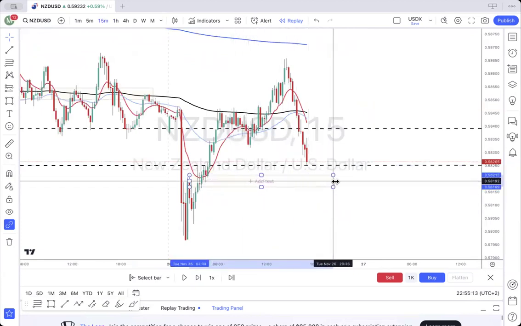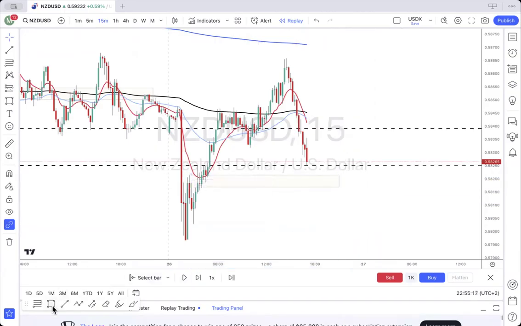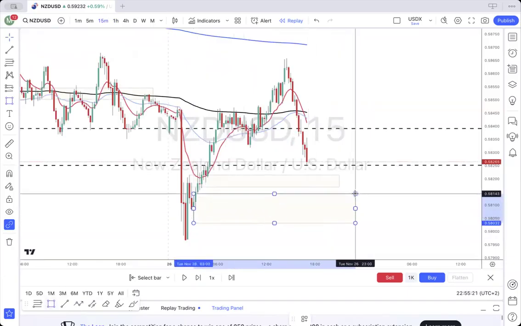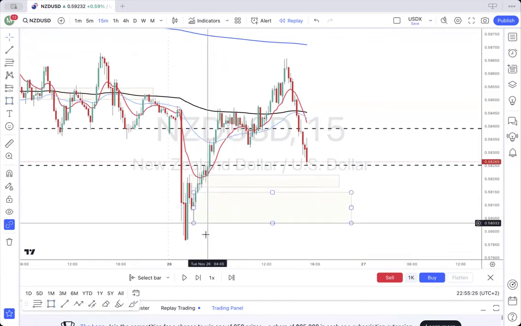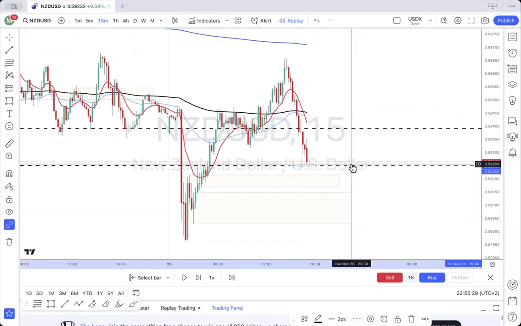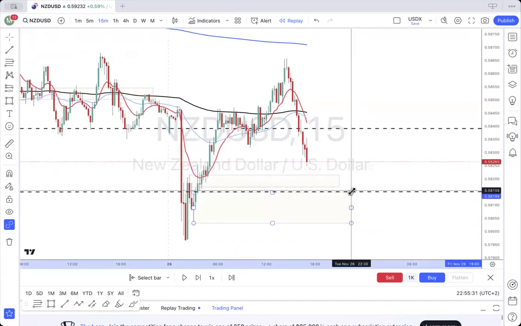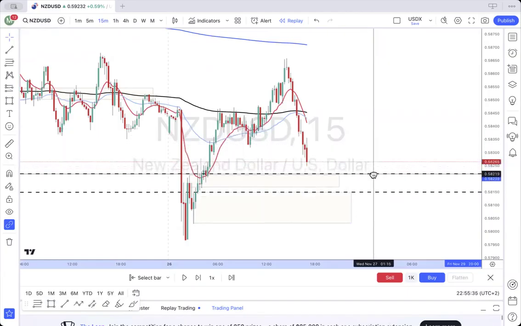Remember, I've got the neckline of my W, and for those who wanna trade order blocks, I think you can use that one as your order block because it's got a longer wick there. So I can now move my entries here and there. So this is where my entries are.